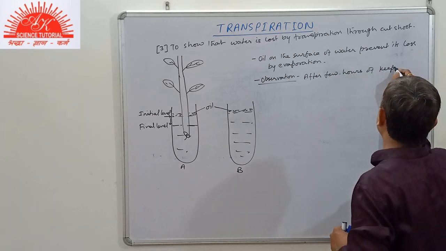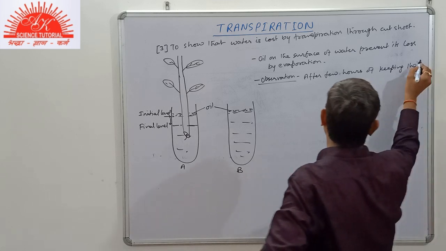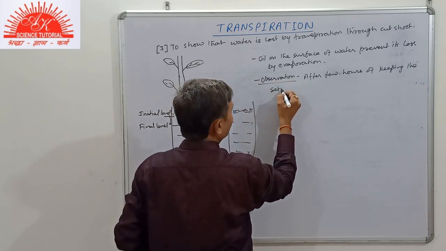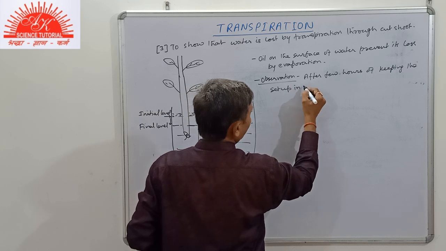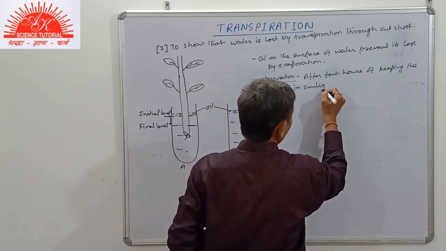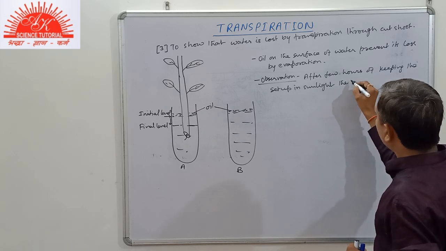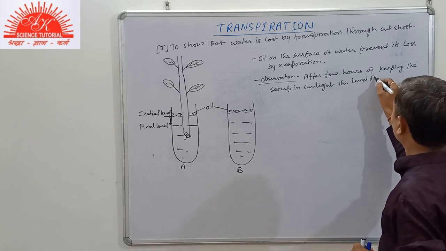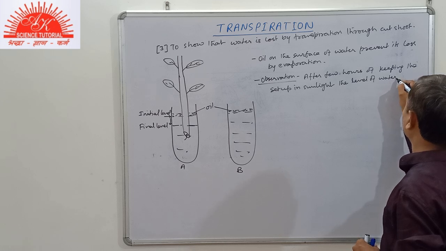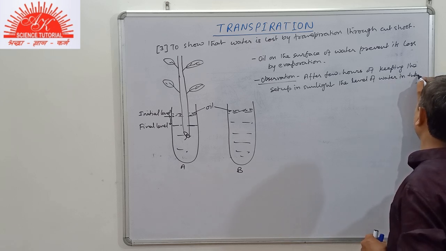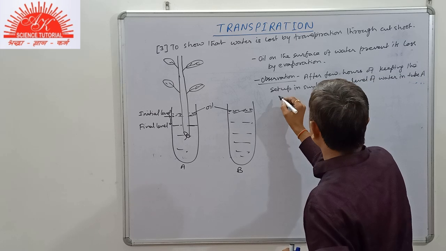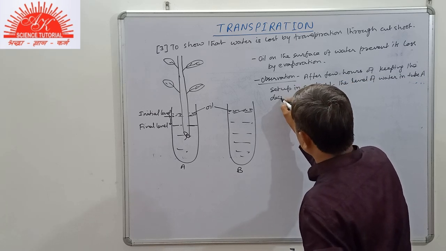of keeping the setup in sunlight, the level of water in tube A decreases.